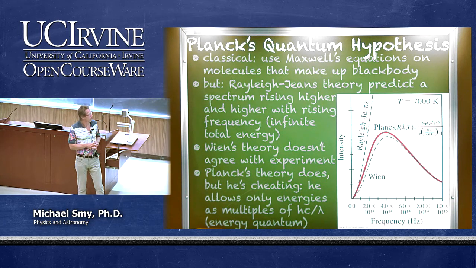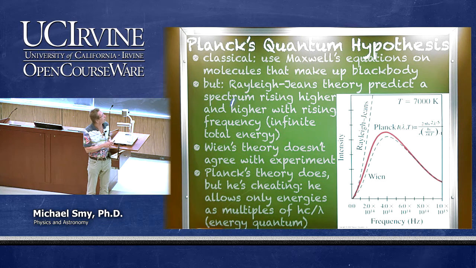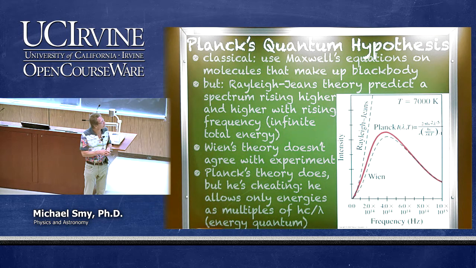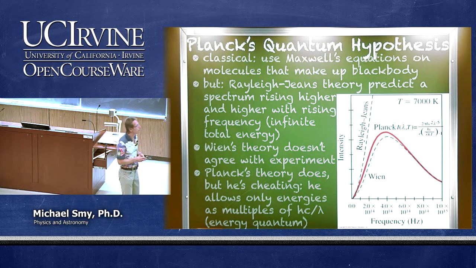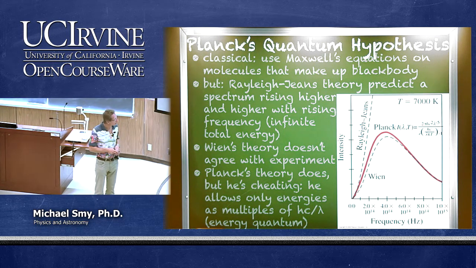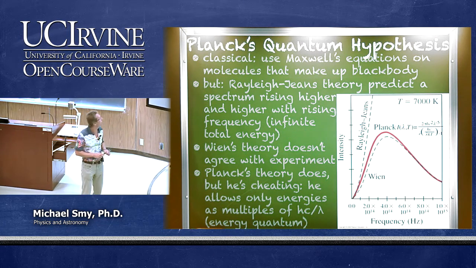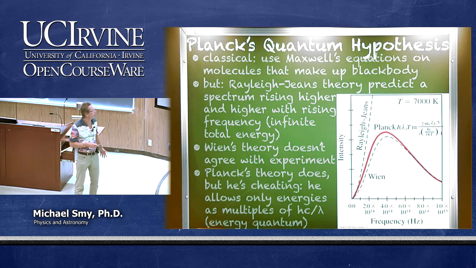However, once you try to be quantitative, for example, the Rayleigh-Jeans theory, a classical theory, then you see that the spectrum it predicts just keeps rising forever as you go higher in frequency. And that's rather bad for many reasons. One particular one is that if you integrate the total amount of energy, you come up with infinity. So that's clearly a ridiculous answer that makes no sense.